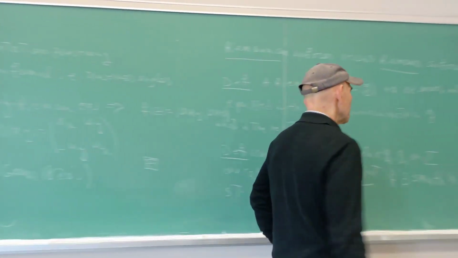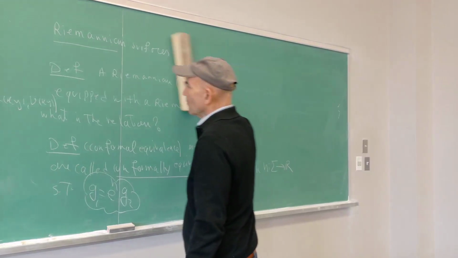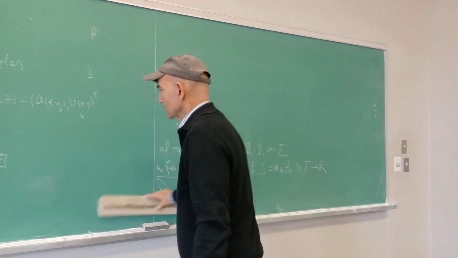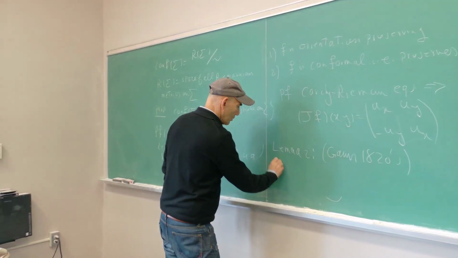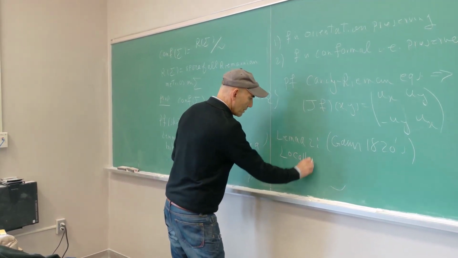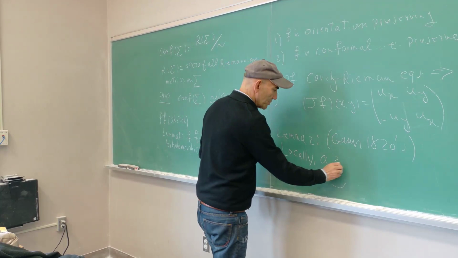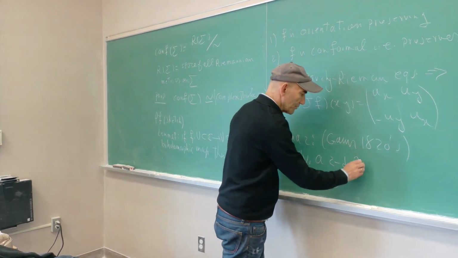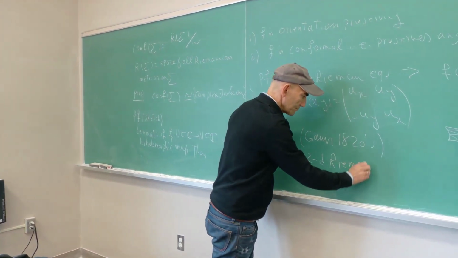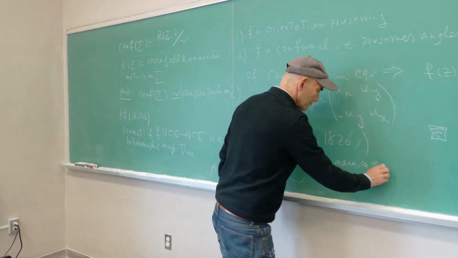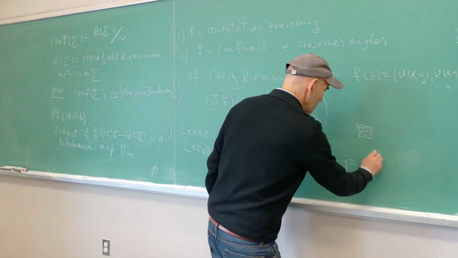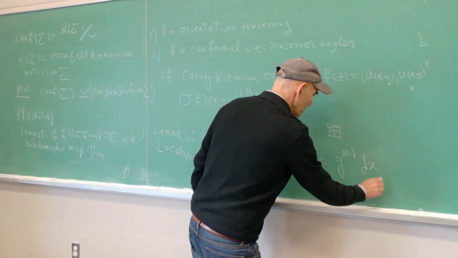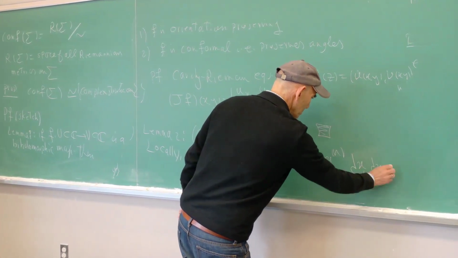Let me write it like this. Locally, a two-dimensional Riemannian metric g equal to g_{μν} dx^μ dx^ν, right?